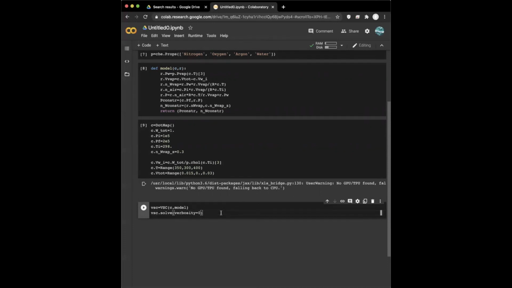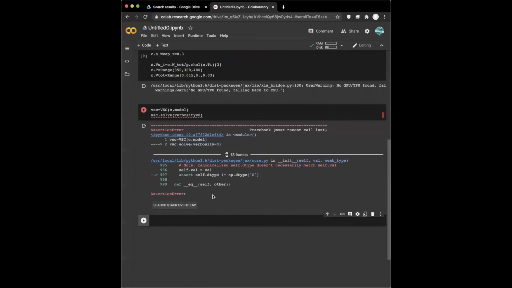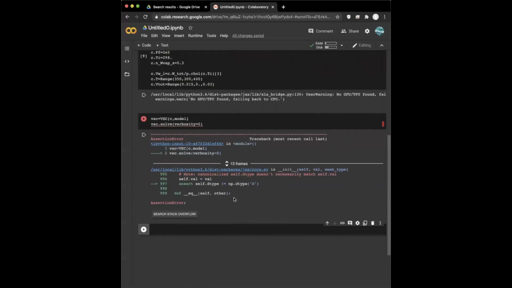This is when we are taking the left side and the right side of the equation, and we're subtracting them, and we're finding the difference. Let's see. VSC dot solve, verbosity equals 0. Let's see, what is it saying?